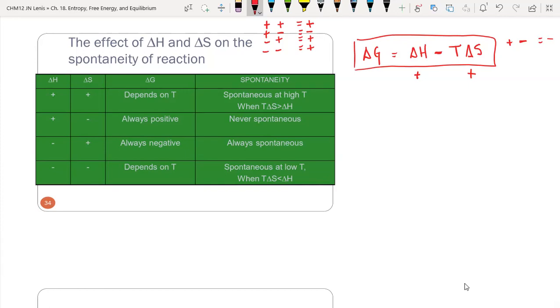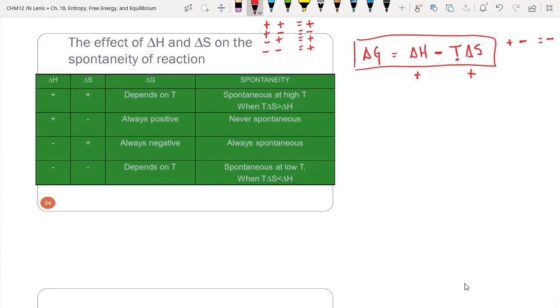No, this, because this is positive anyway, and this is the sign for delta H. But here we have temperature. Temperature can change this. Because if this number becomes very large, larger than this, the whole thing will become negative. So temperature makes up a big factor here.